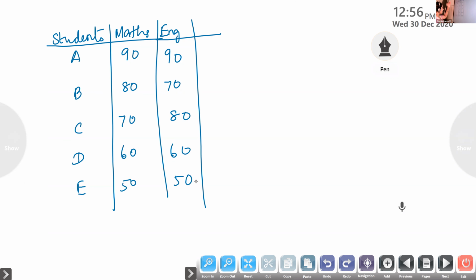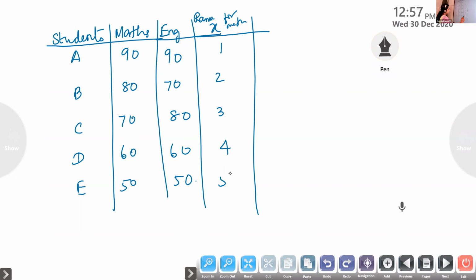Okay, only the marks are given. Okay, so first thing is we have to assign the rank. Okay, so suppose X is the rank for Maths. The top scorer should give the first rank. Okay, so look at the Maths mark. So A will be getting the first rank, then B will be getting the second rank, C third rank, D fourth rank, and E is getting the fifth rank.